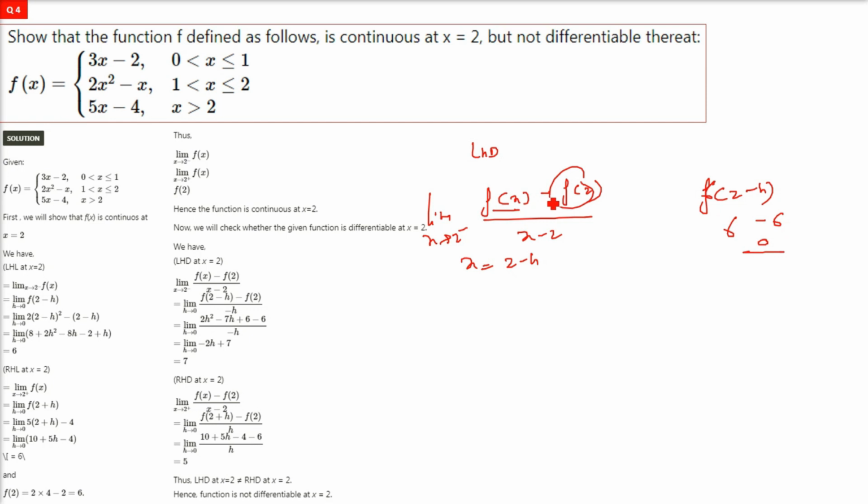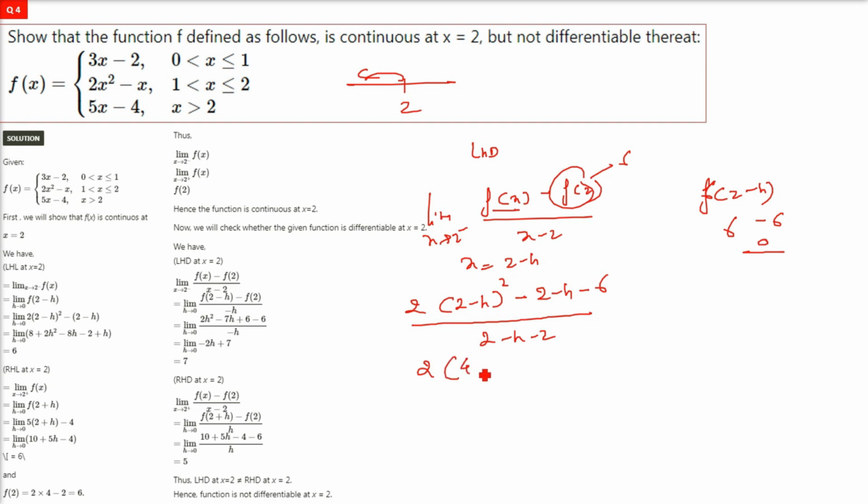So we cannot do it like that, because it will be 0 ultimately. We have to take proper steps so that the denominator gets cancelled. So 2 into (2 minus h) whole square. Because we are going below 2, you have to use the 2x square minus x function. In the x, you have to write 2 minus h. And of course, you have f(2) as 6, so minus 6.